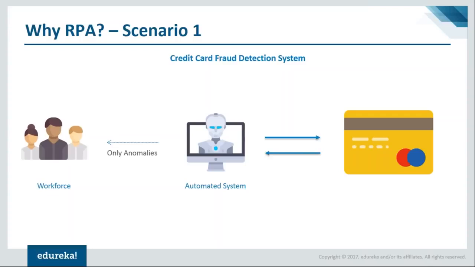This basically clears it out when people ask me, quite often, whether RPA will replace the human workforce. So guys, that is not entirely true, right? It may reduce the workforce that is already existing on a project, but it will never be able to replace the human workforce, because in every department you need that human touch.